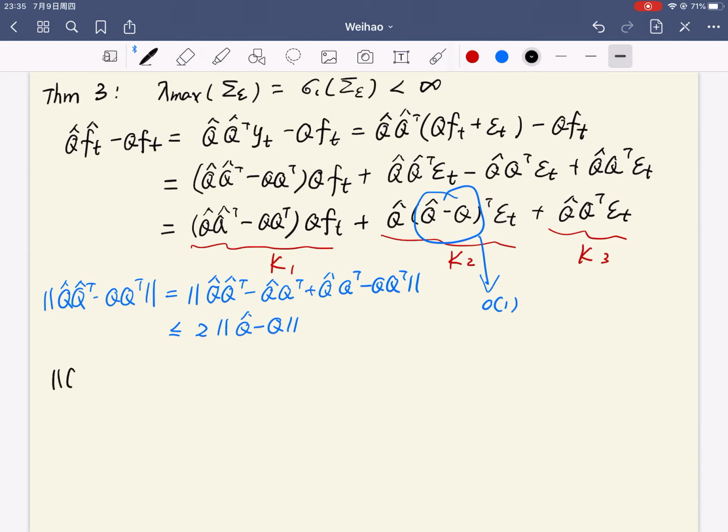The prediction bound is given by the following, where we remove the K2 term.